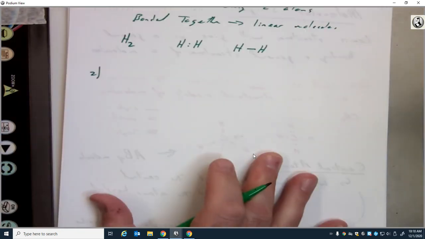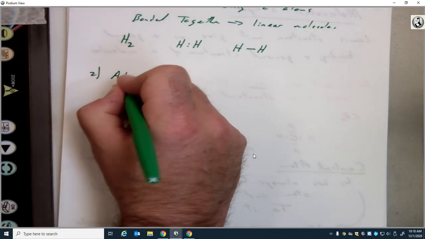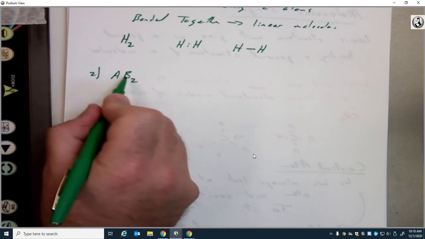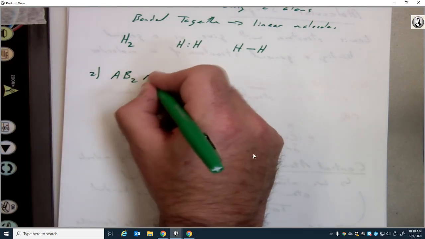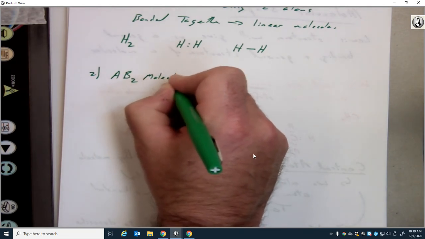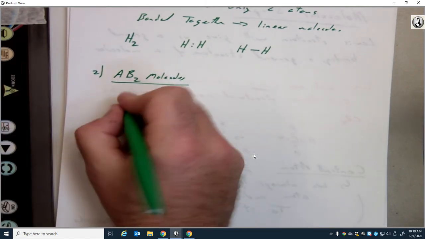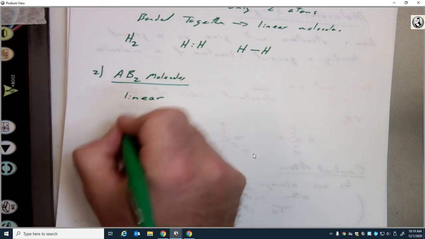Now let's start with our molecules that have a general formula of AB2. We have a central atom and we have 2 bonded atoms to it. And we can have 2 types. We can have linear, and we can have bent.